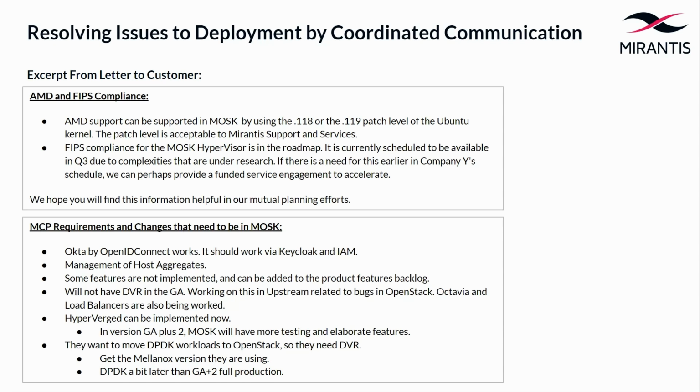And those happen to be the .118 and .119 versions. It couldn't be .120 or .117. It had to be .118 or .119. And they literally backported things for the Ubuntu operating kernel to be specifically for FIPS.